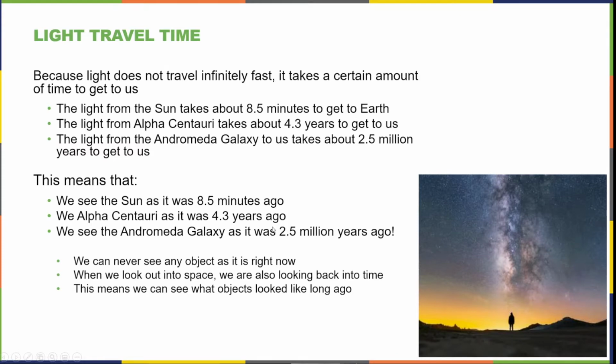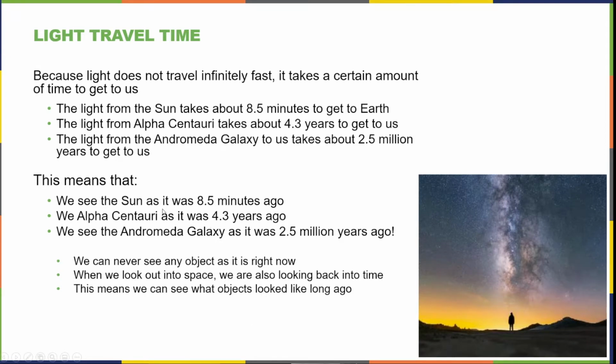Remember, last lecture I said that when we are seeing objects in the sky, we are actually looking into the past. We are looking at history. If it takes 8.5 minutes for the light from the Sun to get to us, that means 8.5 minutes have already passed on the Sun.